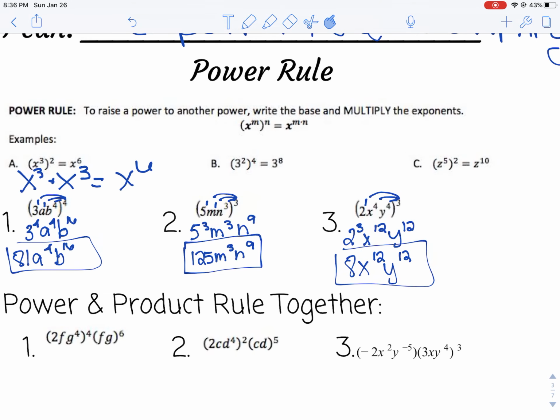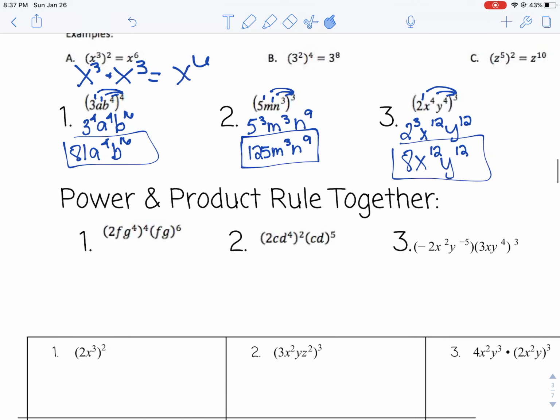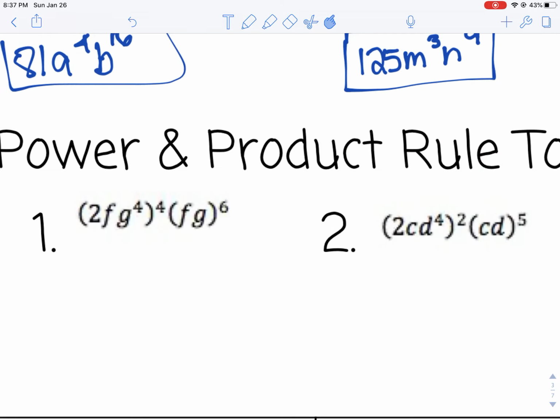Now, this would be all nice if they only gave you one power rule or one exponent rule at a time. However, most of the time your EOC is going to be multi-step. So we need to look at both power and product rule together. So we're merging yesterday's rule with today's.